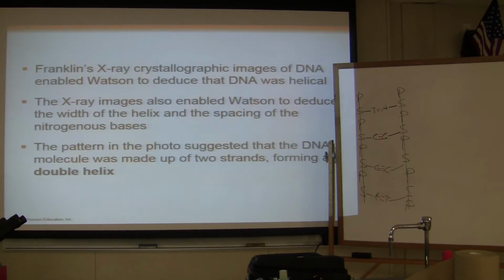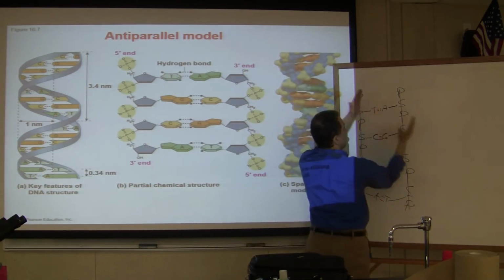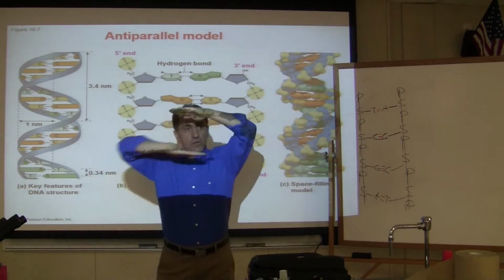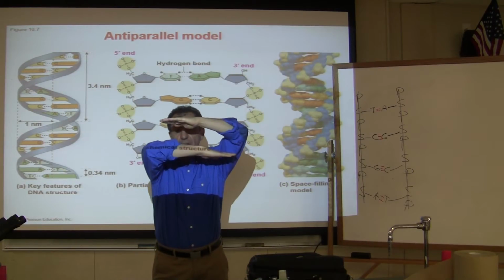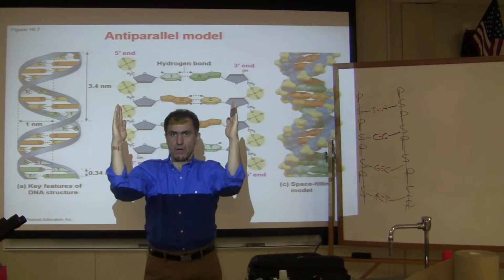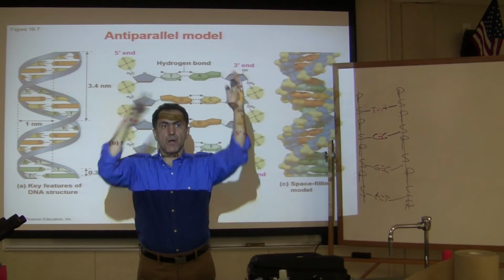Having said that, these 2 strands are opposite of each other. One goes this way, the other one goes that way. That's the idea of anti-parallel. This is parallel, right? My arms are parallel. Am I making some sense? But how about my arms now?